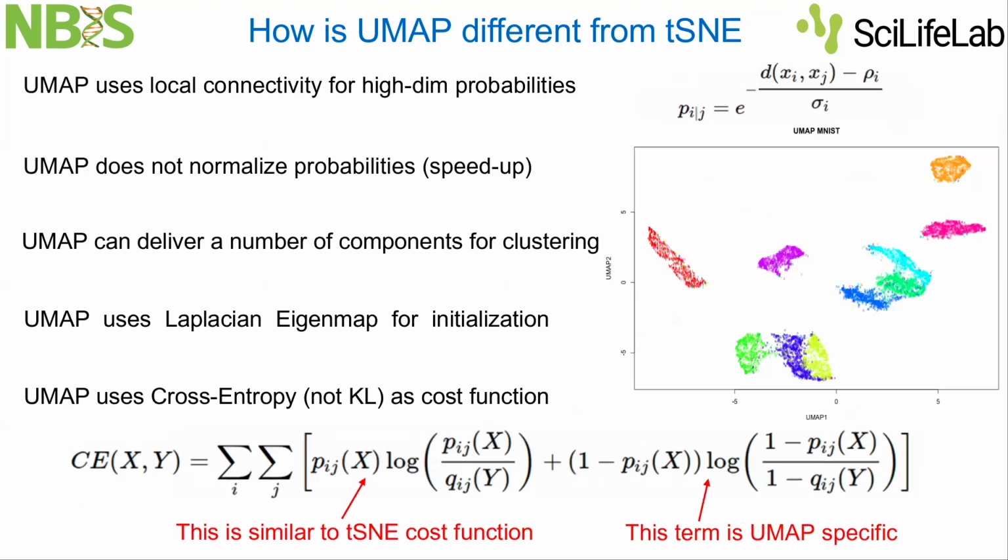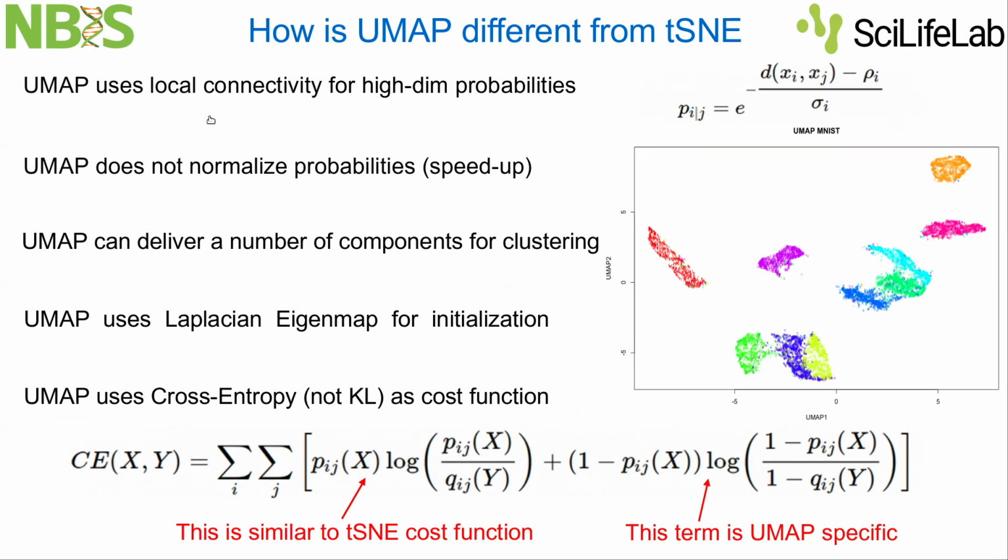And UMAP suggested that maybe this problem of global distance preservation in t-SNE can be somehow solved. There were a few major modifications in UMAP compared to t-SNE.